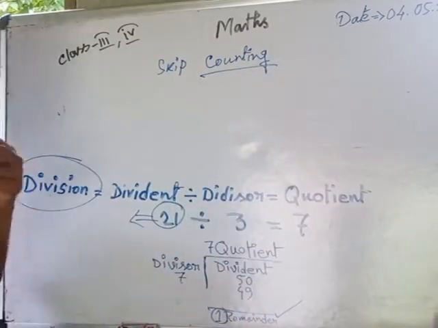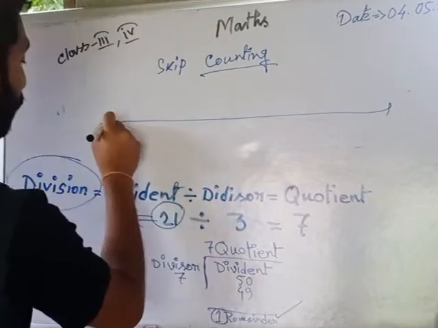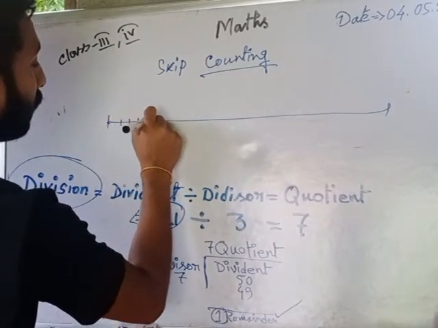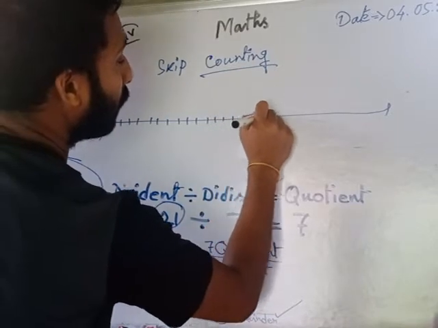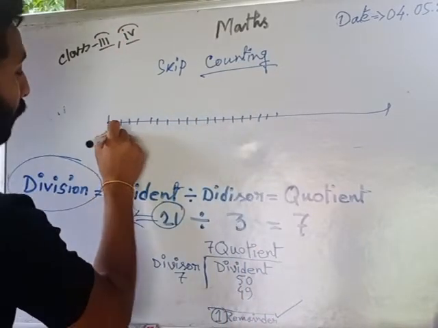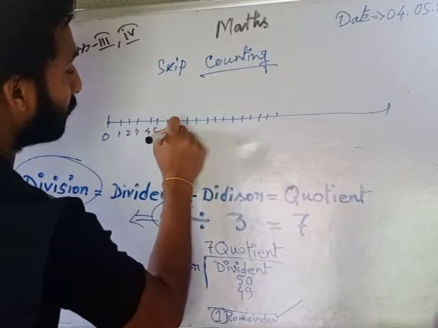We count by skip. Suppose it is 0, 1, 2, 3, 4, 5, 6, 7, 8.